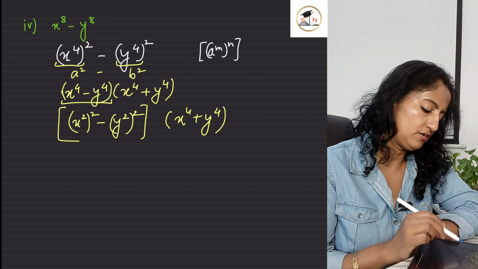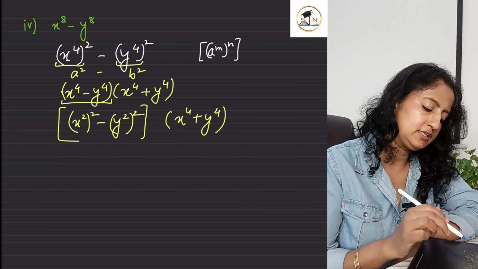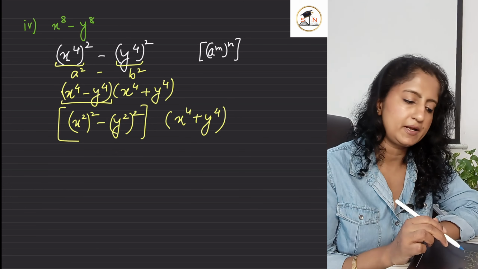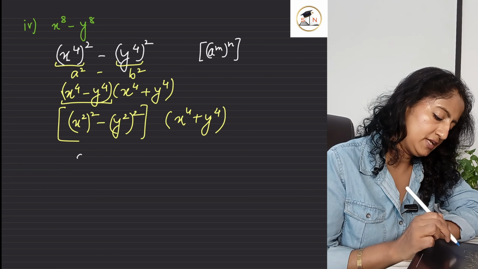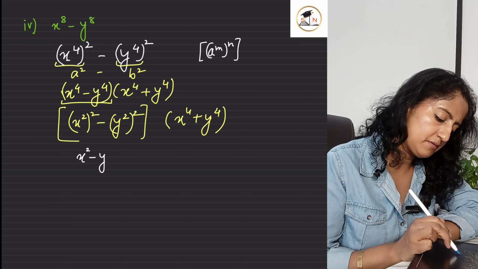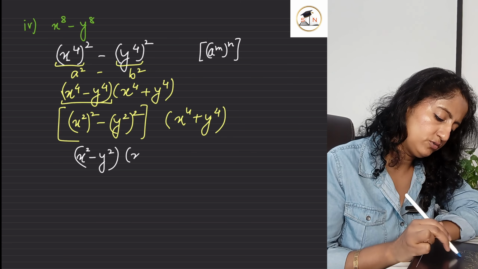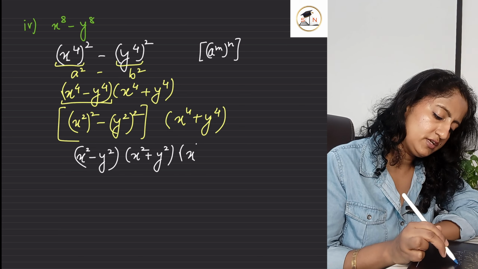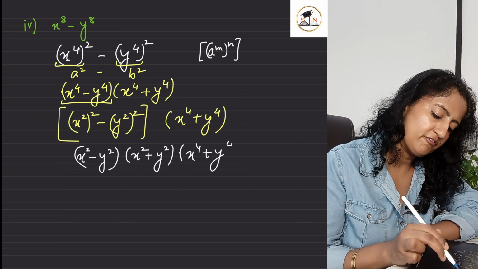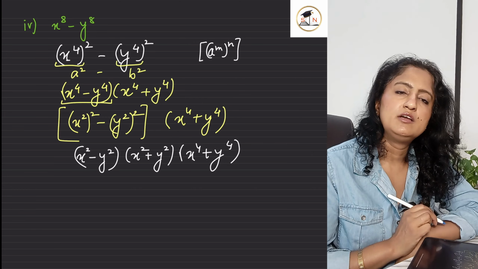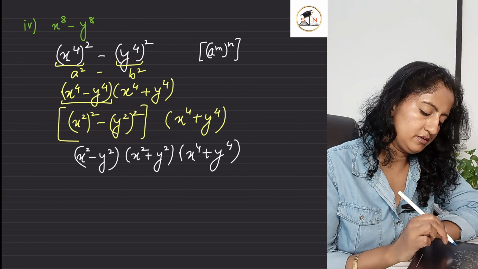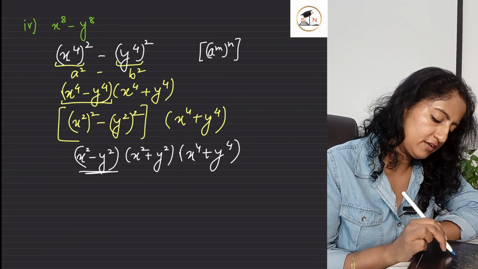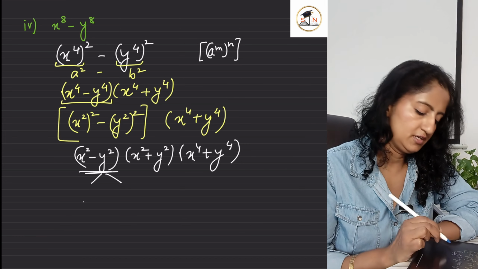Now applying further the third identity in the first square bracket, what does that give me? That gives me (x² − y²)(x² + y²)(x⁴ + y⁴). And I know you are thinking that over here we need to apply it further.